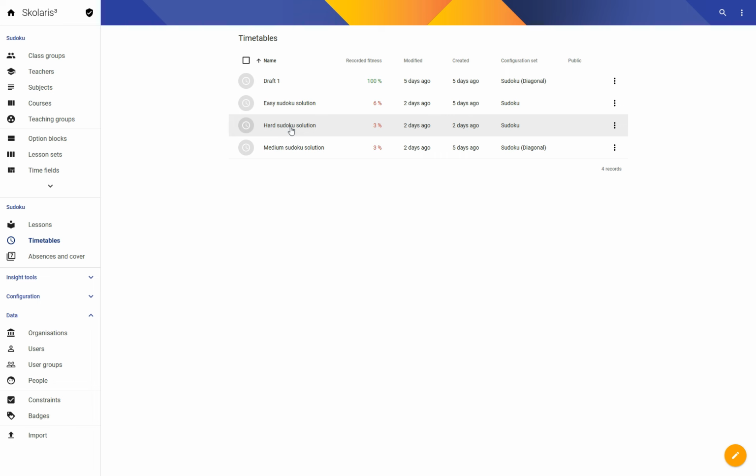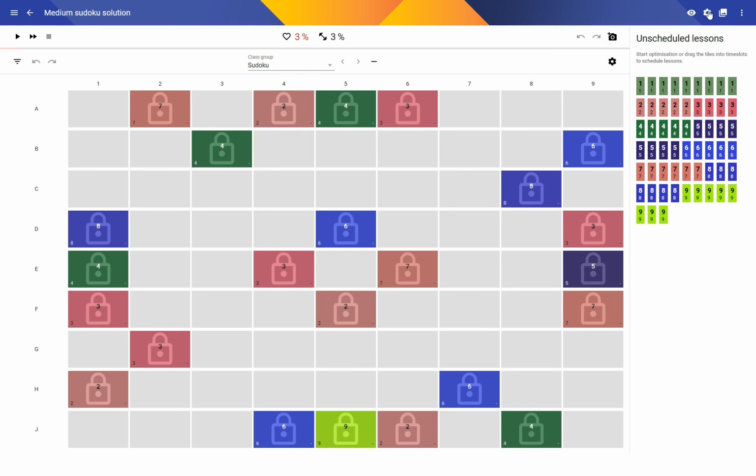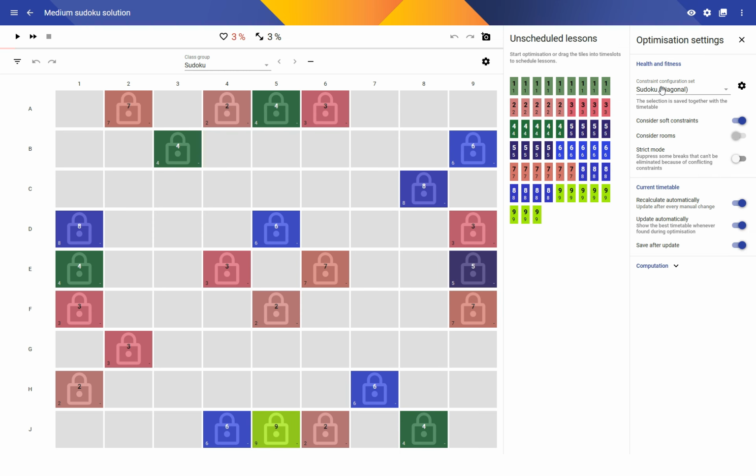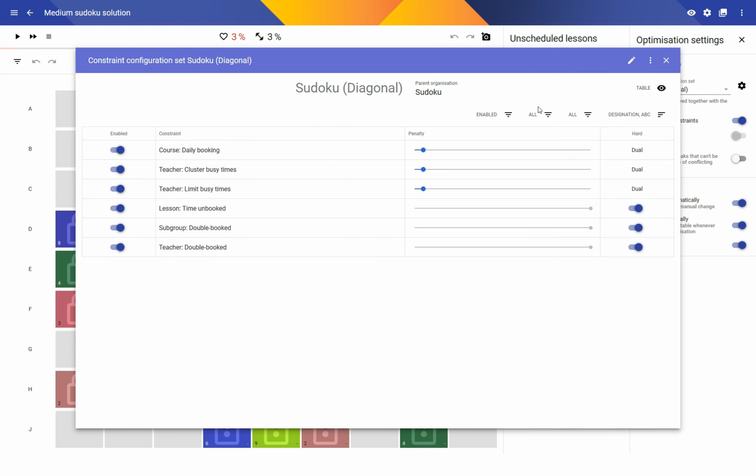Now let's check that medium Sudoku solution, which was based on the rules which I put in last time, which included the diagonals. So if we look at the constraint set, which I have renamed to Sudoku diagonal, we will find 6 enabled constraints, and the important one is this limit busy times constraint.